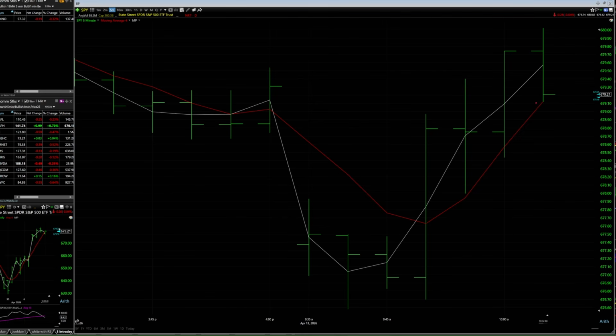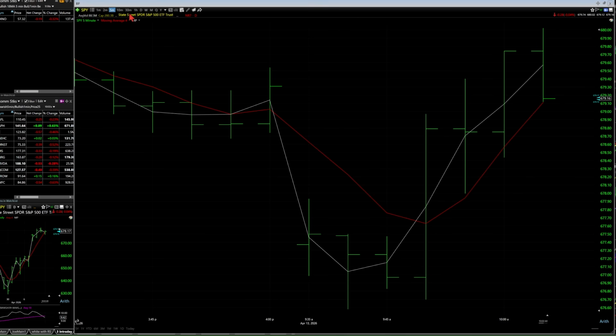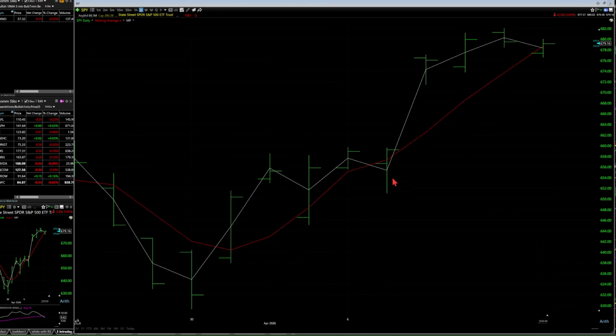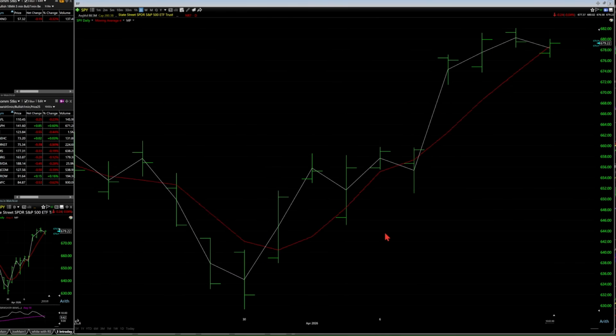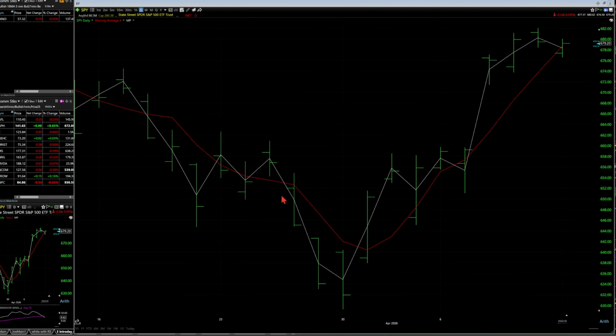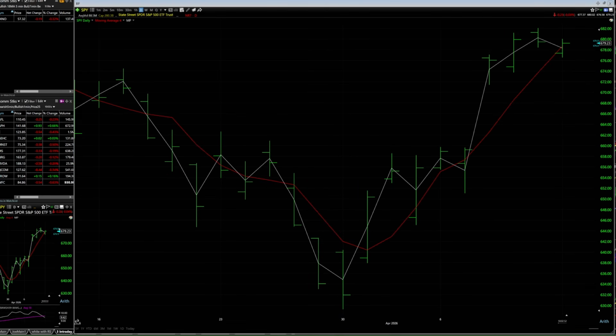Now, I use this typically on a daily chart. So I've got this on the 5-minute, and I'm going to switch this to the daily. You can see that the price bars are squished a little bit, but we can use this same type of price action. I've been working with some guys one-on-one and teaching them how to intraday trade.